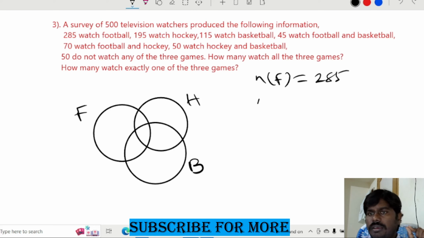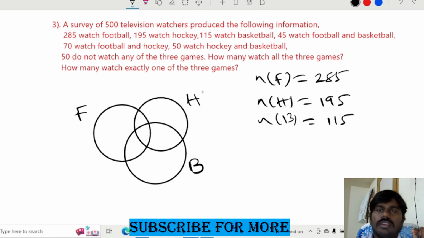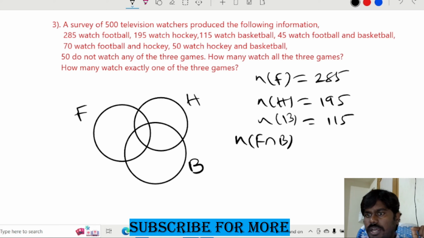Next hockey, n(H) is 195. 115 watch basketball, n(B) is equal to 115. Next, 45 watch football and also basketball, football and basketball. And means here we will use intersection.